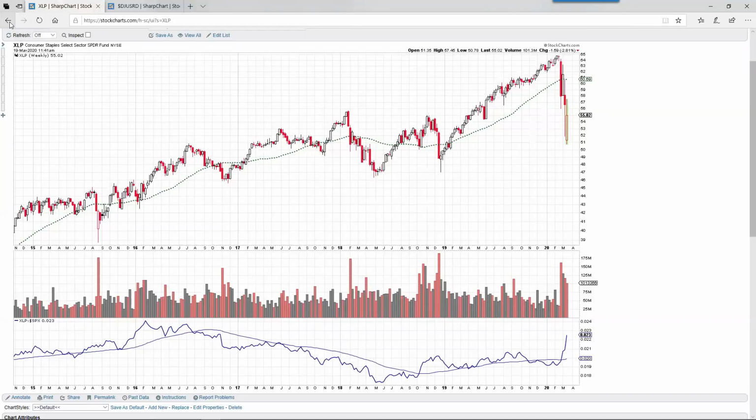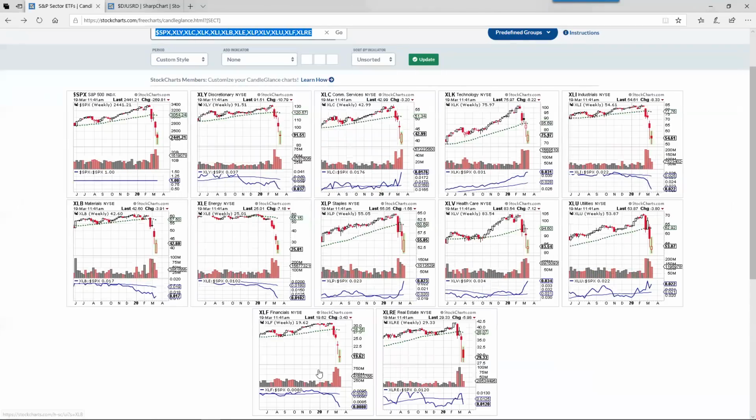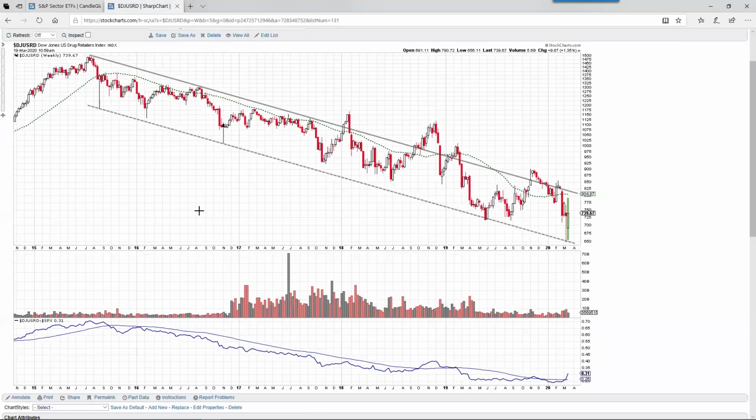This is the way we would want to drill into the individual groups and look for best ideas.